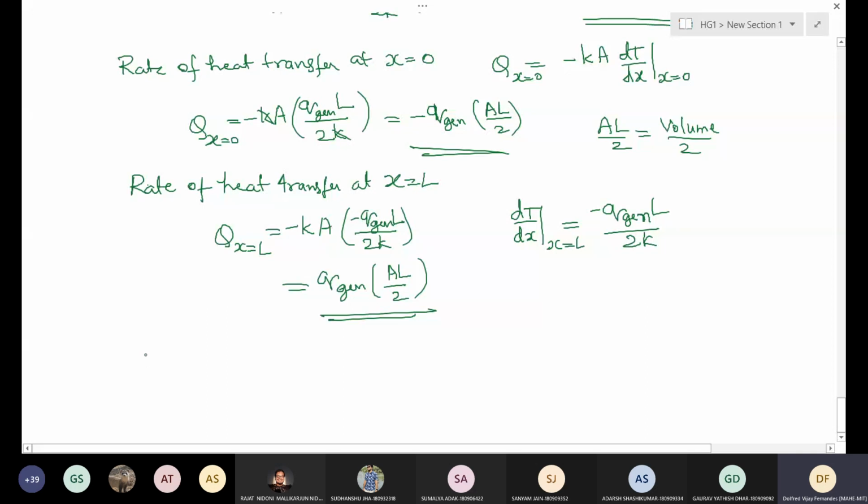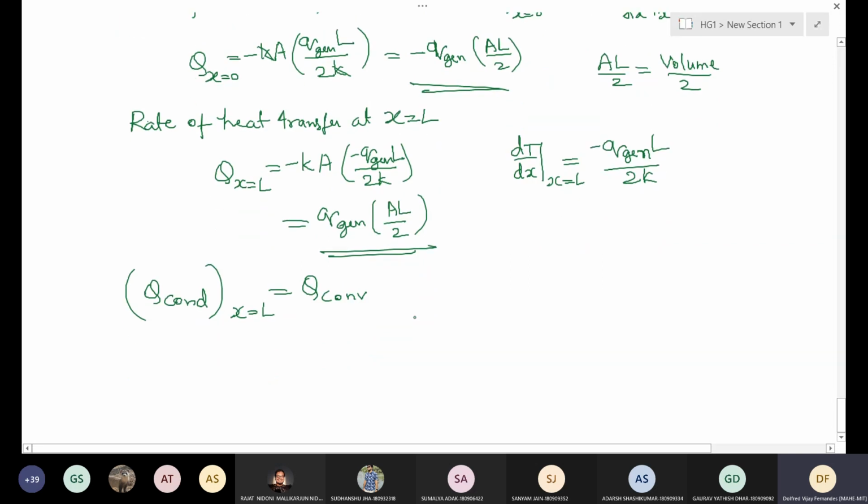So Q conducted at x equal to L equal to Q convected. So we know at x equal to L, Q conducted, or heat coming to the surface of the wall, is Q generation into AL by 2.